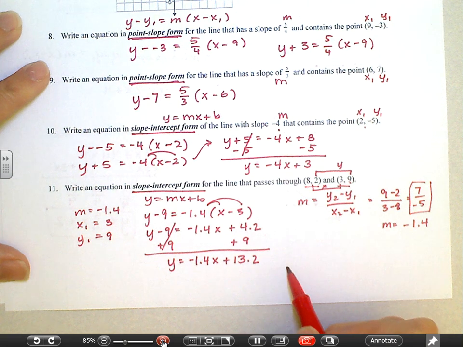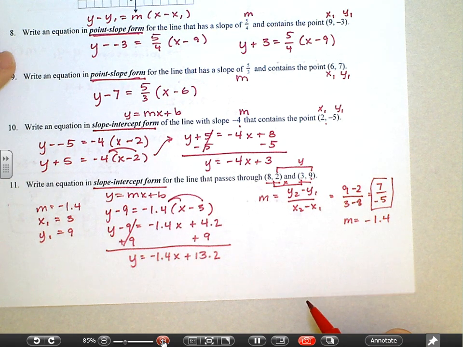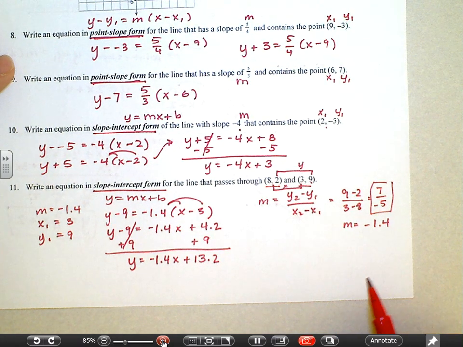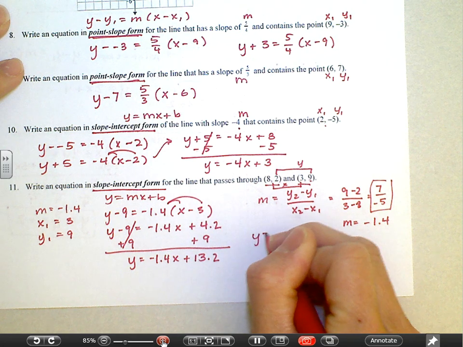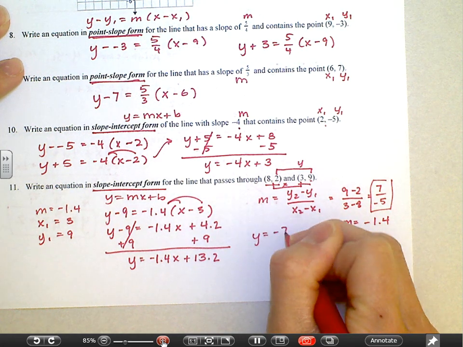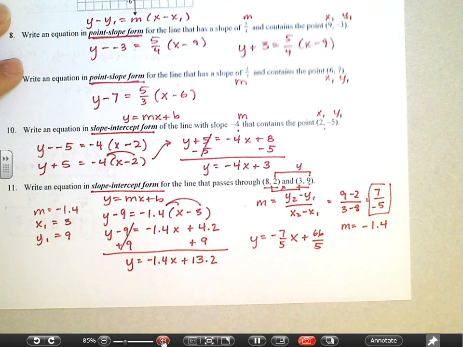So if you did this in fractions, so if you just did -7 over 5, what you had ended up with is y equals -7/5 x plus 66 over 5.